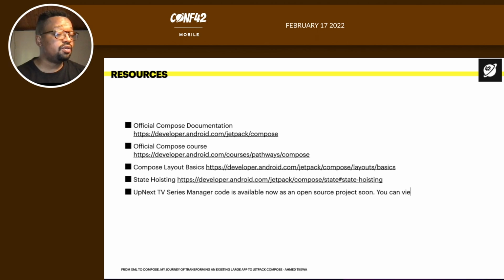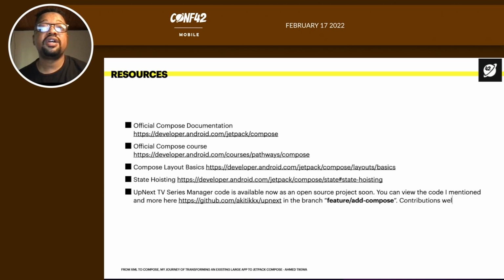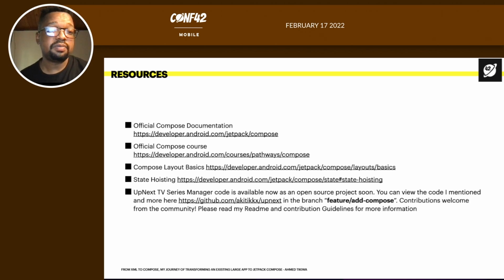Then in terms of the code, Up Next TV Series Manager is now available as an open source project. Before it was closed source, but now I have made it an open source project. You can view the code I mentioned within this entire presentation and more.